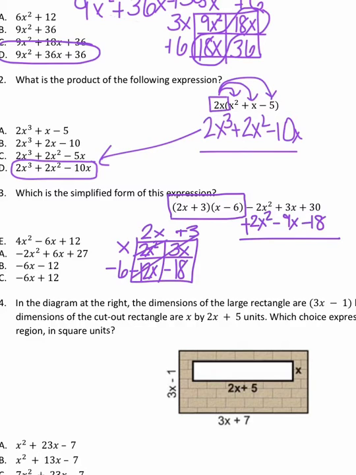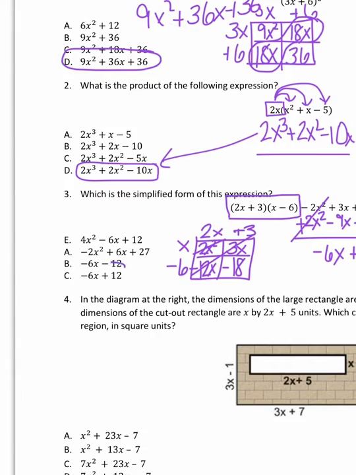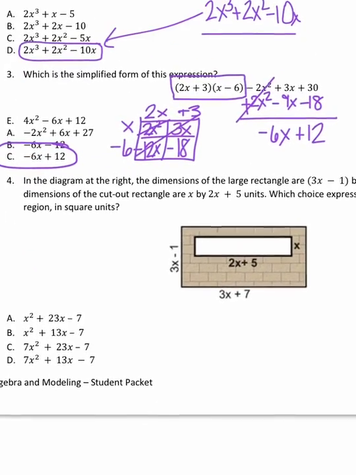So I notice I have a negative 2x squared plus 2x squared. Those are going to cancel because that's the opposite. Then I have 3x minus 9x, which gives me negative 6x. And then I have 30 minus 18, which gives me positive 12. So then I go over to my answer choices and I realize C was the right answer.